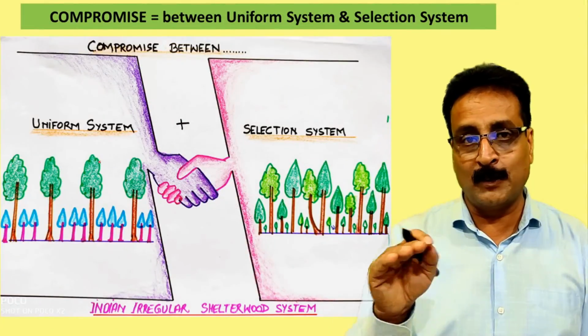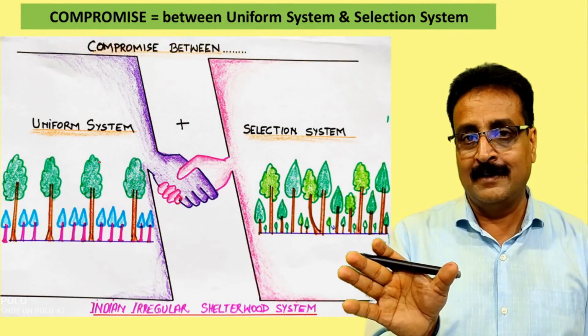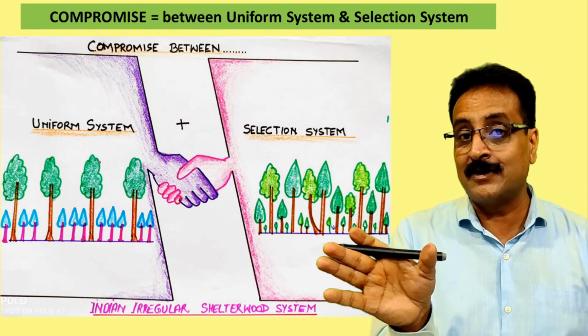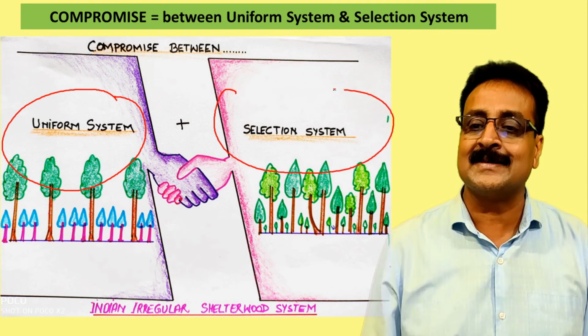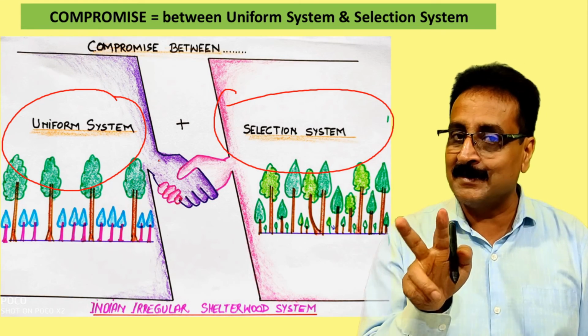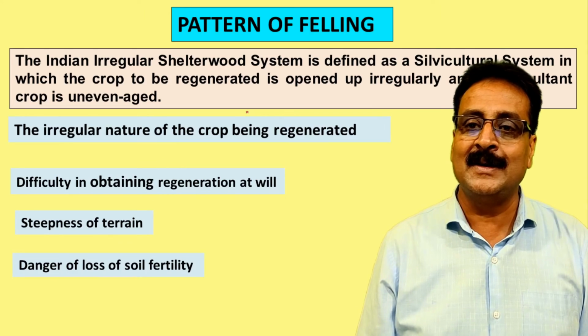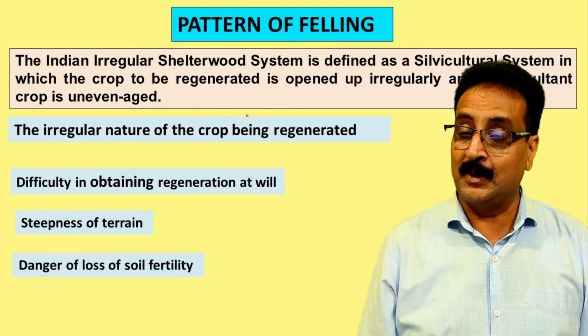So both topographies are there in that area. So the Indian Irregular Shelterwood System is a compromise between a uniform system and a selection system. We compromise both systems and mix them. That is called the Indian Irregular Shelterwood System.